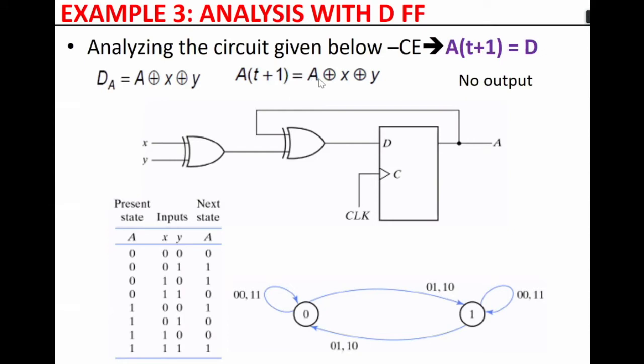Then you get A(t+1) is A exclusive or that. Once you get that, you've got your equation, then you can have your table.